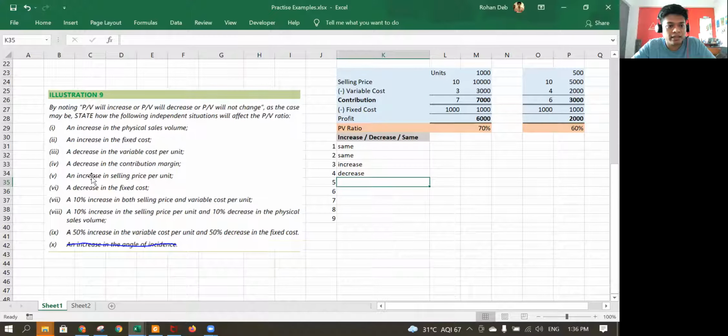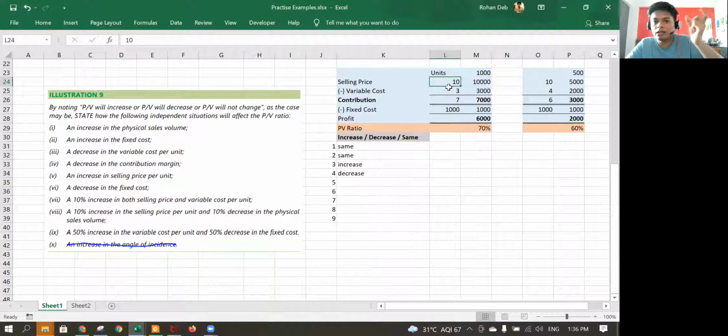Okay. Increase in selling price. What will happen if I increase my selling price? The complicated thing here is that if I increase my selling price, the contribution will also increase.